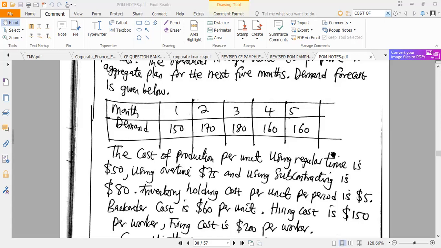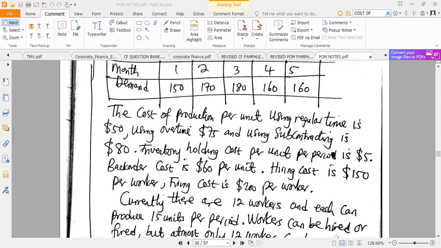So we have these two costs that we need to account for. The hiring cost is $150, and the firing cost is $200 per worker. That is, if we were to fire a worker it is $200, and if we lay off a worker it is actually $50. Now here the question continues.